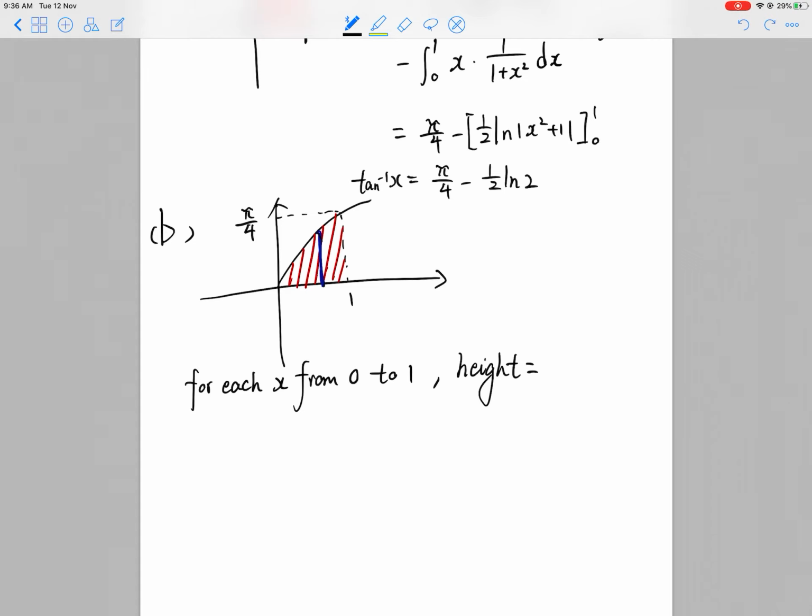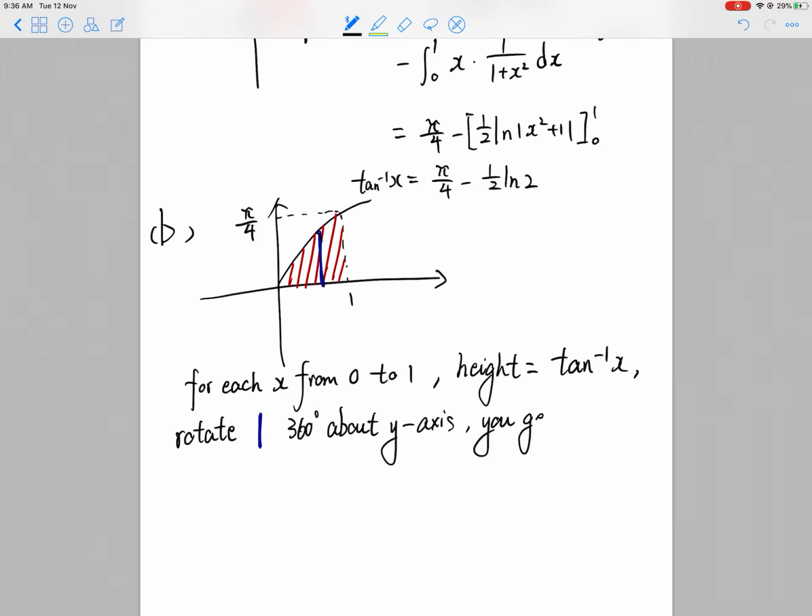Is tangent inverse x, right? And if you rotate this blue line 360 about your y-axis, you will get a cylinder, right?